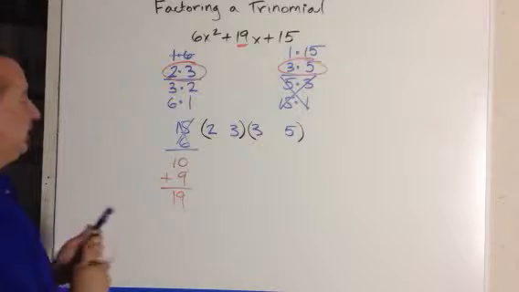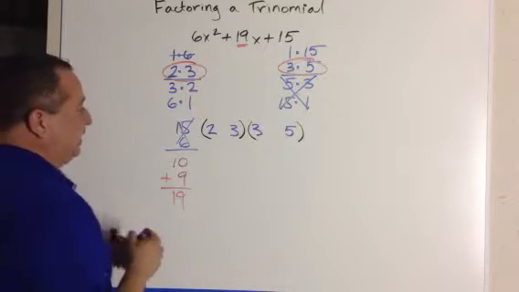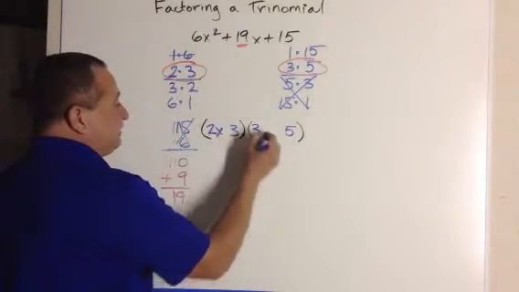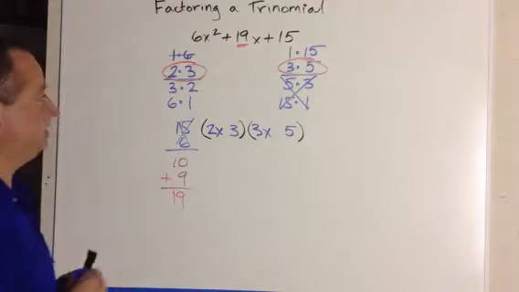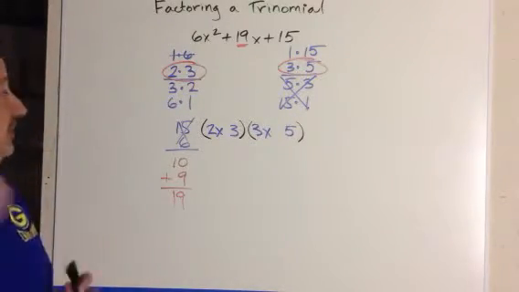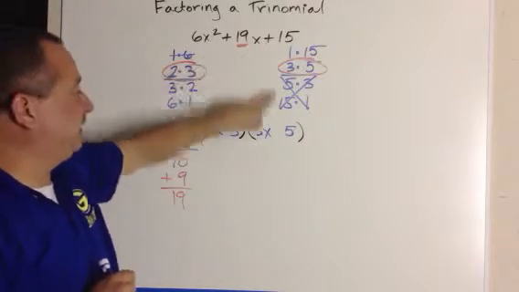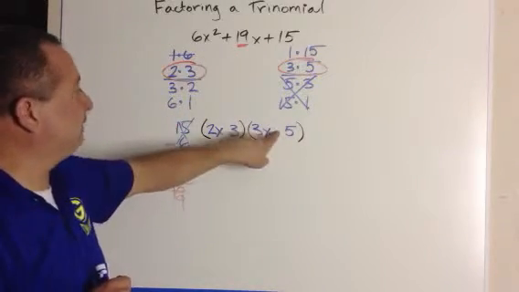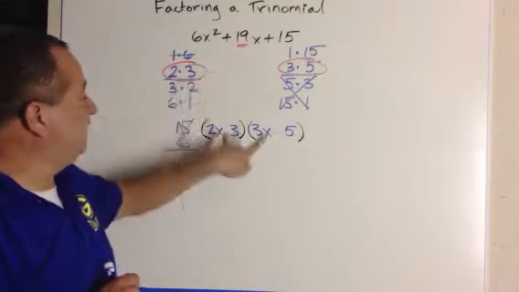Now, you need to remember that you have to add the x, because you're trying to get that x squared in the beginning. So now we need to figure out the sign. If that's positive, these will be the same. If that were to be negative, that would be different.